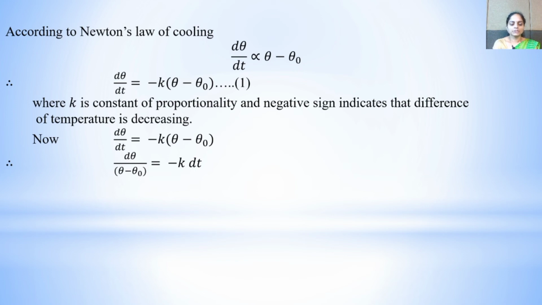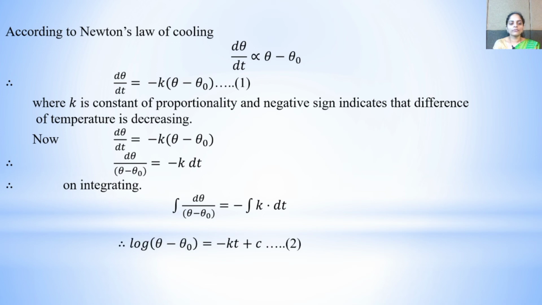To find the solution of this variable separable form, we integrate on both sides. We get integration of d theta divided by theta minus theta 0 is equal to minus integration of k into dt. Therefore, log of theta minus theta 0 is equal to minus kt plus c.